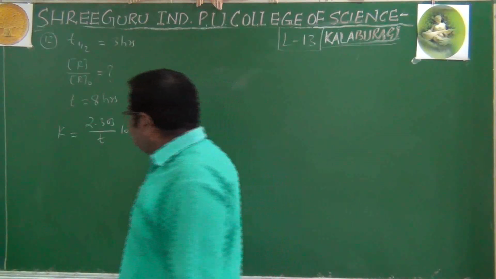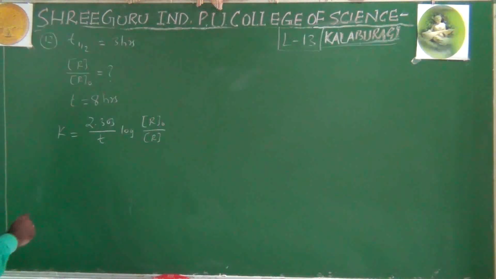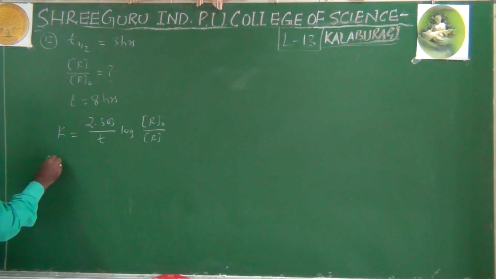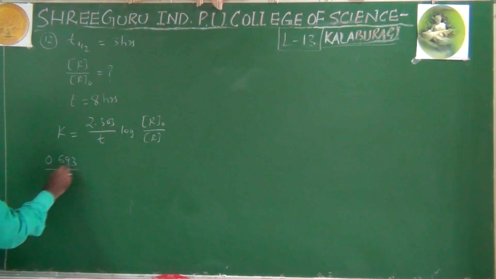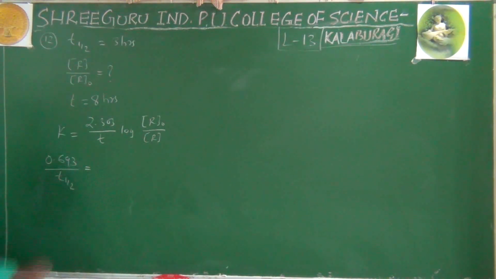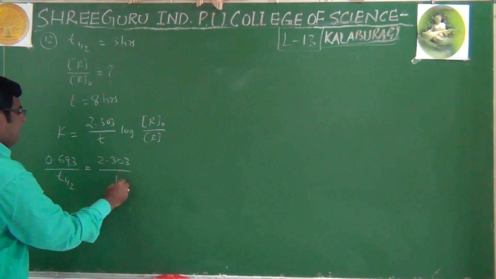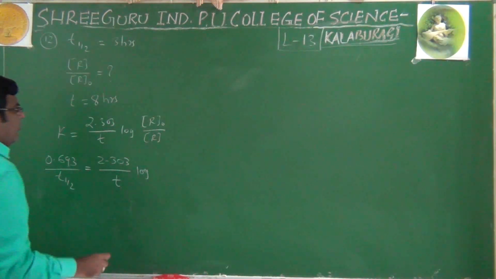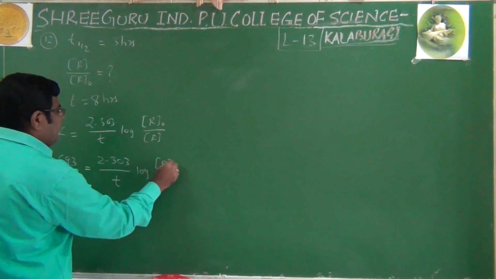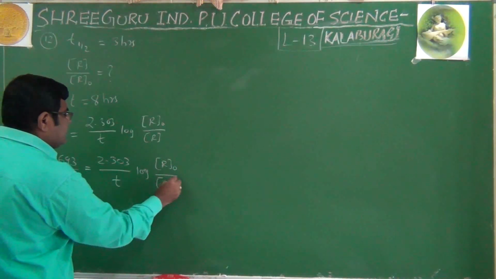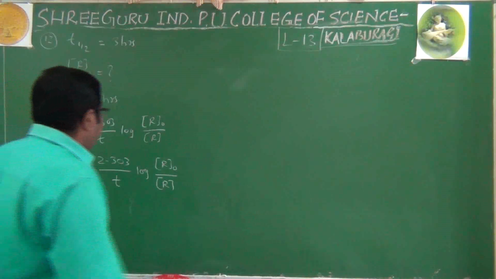Then for this K, we can write 0.693 by T half, isn't it? Because for first order reaction, rate constant equals 0.693 by T half. This is 2.303 by t, and this log of initial molar concentration to the concentration at time t.